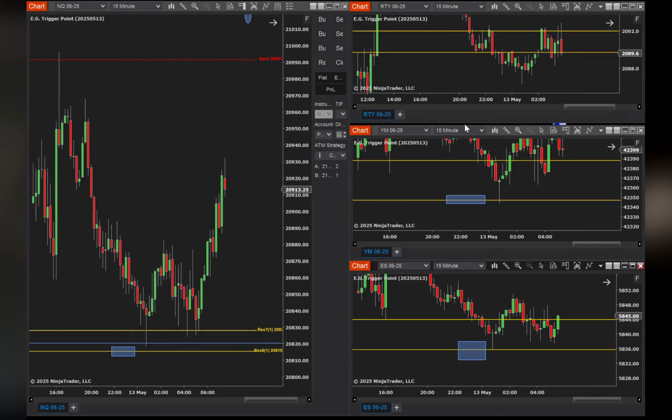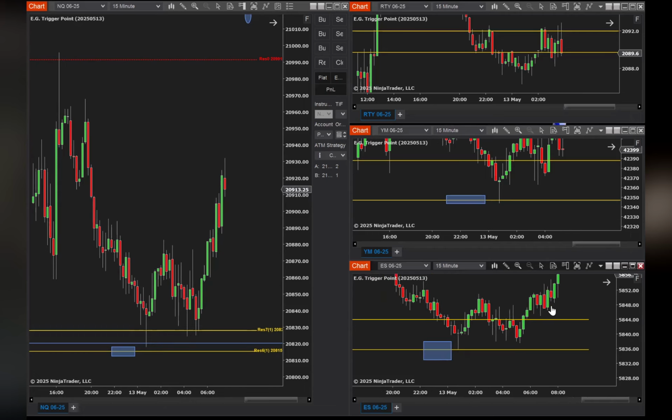From below, it's a resistance line. The market hits the trigger point from below, this is a resistance line. So this is a support line. Went up, got back, support. Does it make sense?